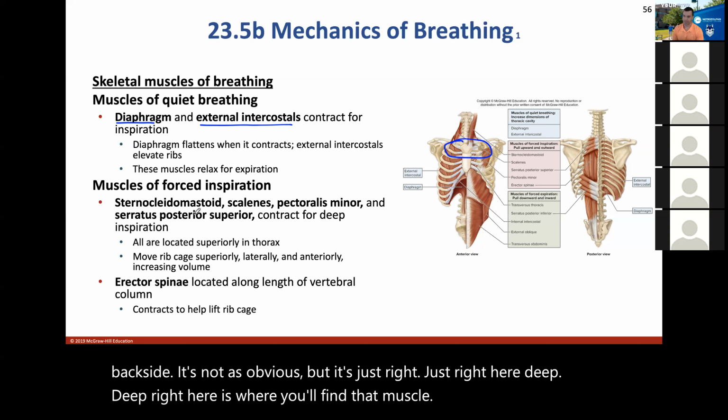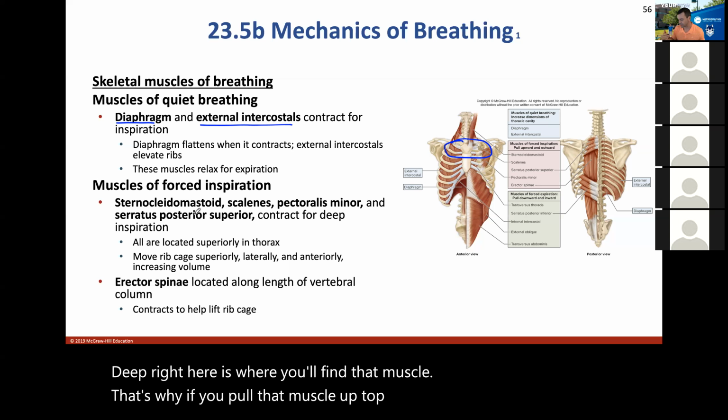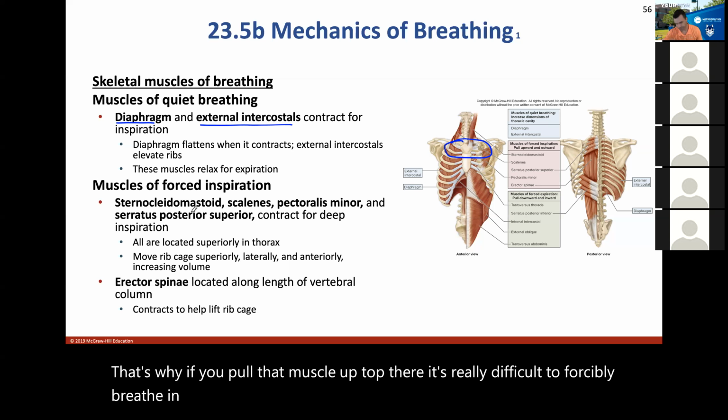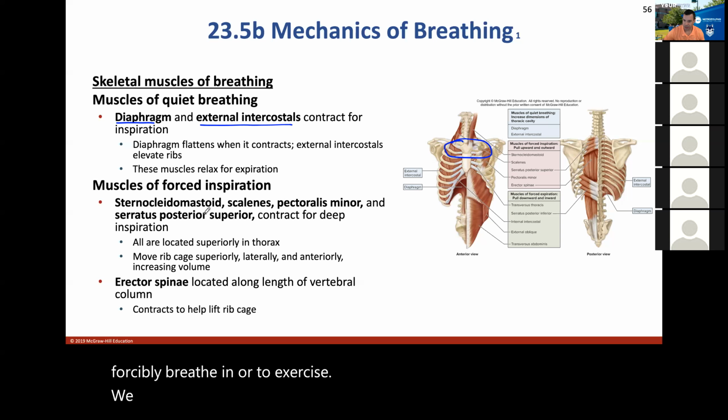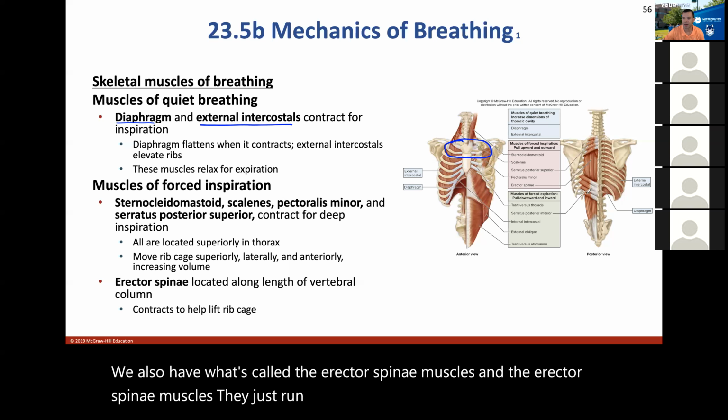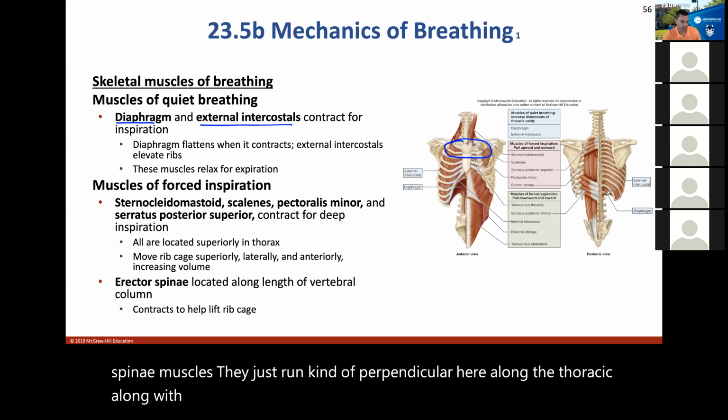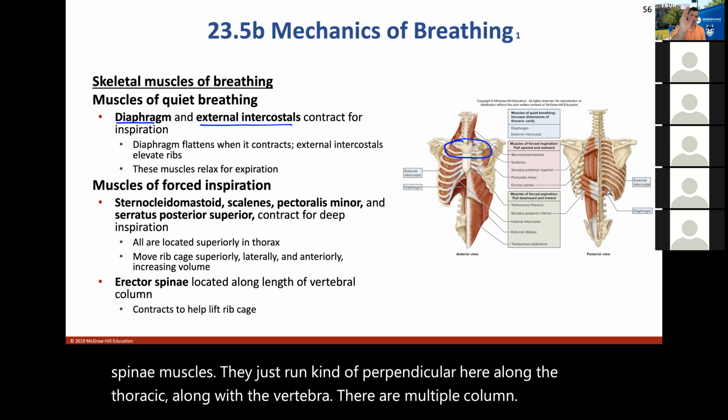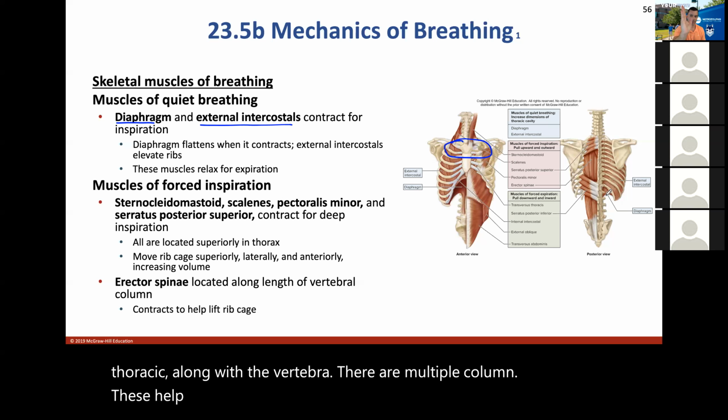That's why if you pull that muscle up top there, it's really difficult to forcibly breathe in or to exercise. We also have what's called the erector spinae muscles. They run kind of perpendicular along the thoracic vertebral column. These help to flatten out the spine, okay?